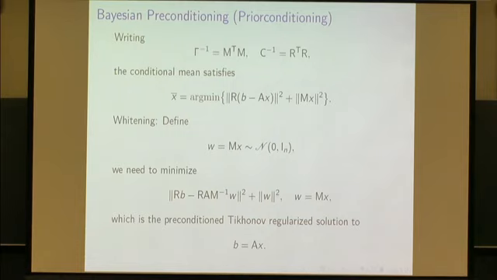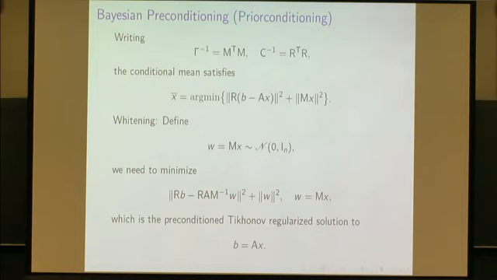We just need to have a symmetric decomposition of our matrix gamma inverse, and likewise for C inverse. Notice gamma and C are, by assumption, symmetric positive definite. So you have the inverse and you also have these symmetric decompositions.